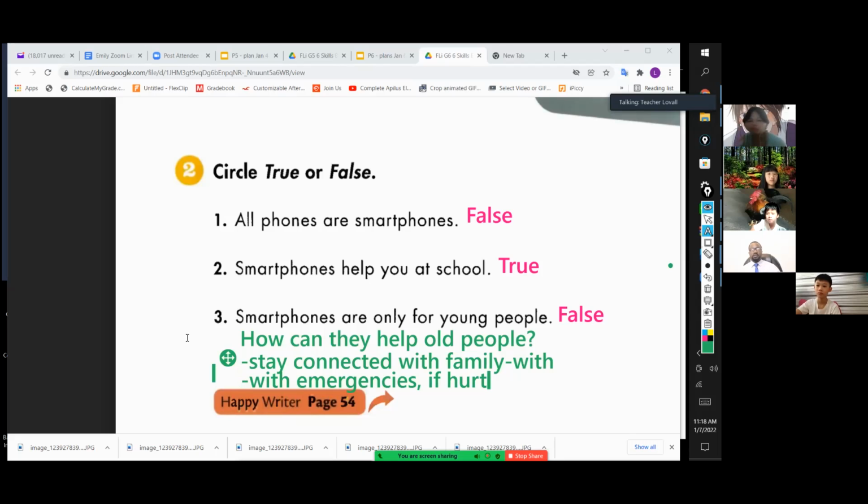All right, so there are two common ways. They can stay connected with family, okay? And if you get hurt, they can also help you in that aspect, okay?